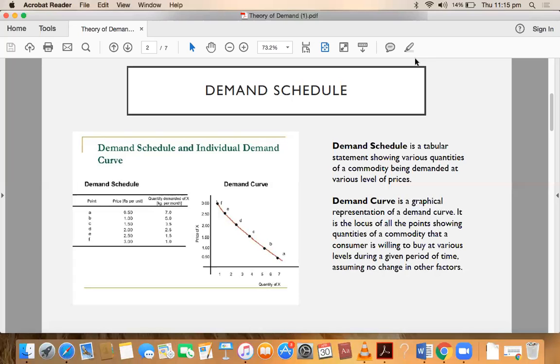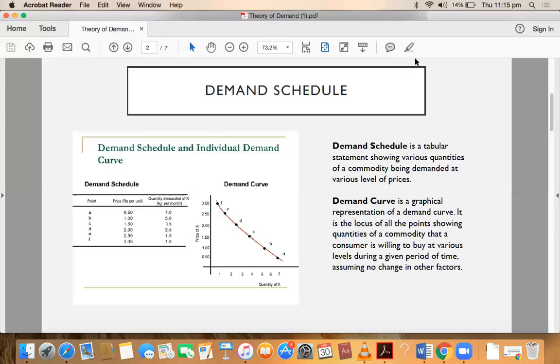In this case, there are two variables, demand and price. Demand is the dependent variable and price is the independent variable. Demand is dependent on price. As the price increases, demand falls. Price falls, demand increases. So, demand is plotted on x-axis and price is plotted on y-axis.